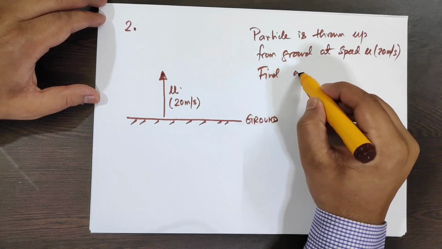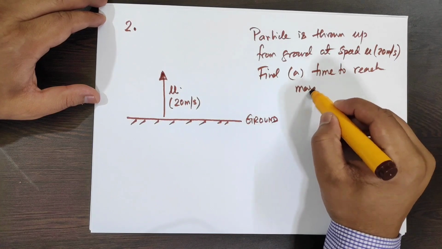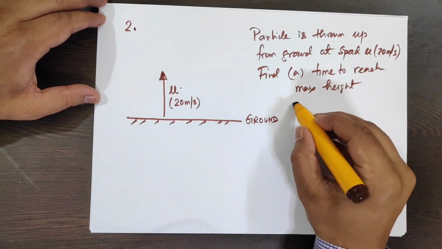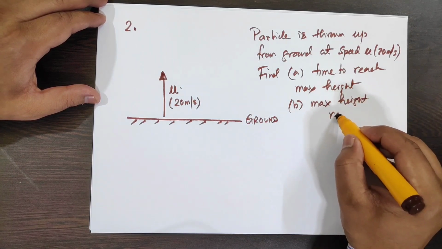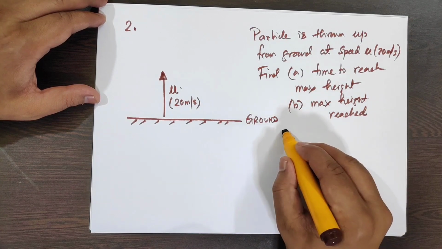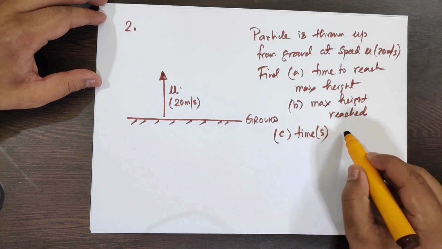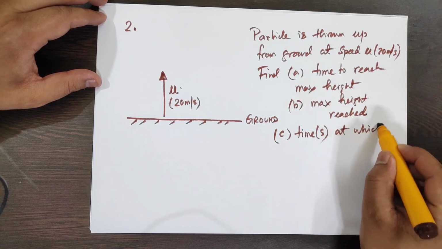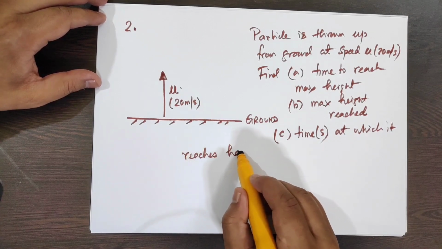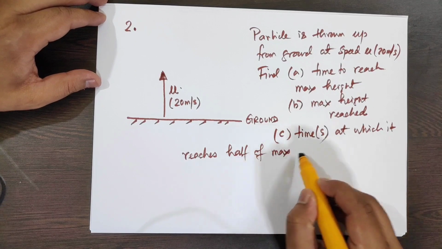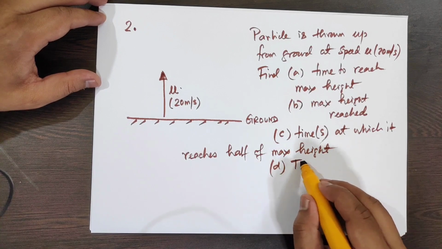Find the time to reach maximum height. Second, the maximum height reached. Third, the times at which it reaches half of maximum height. Next part also, the total time of flight.